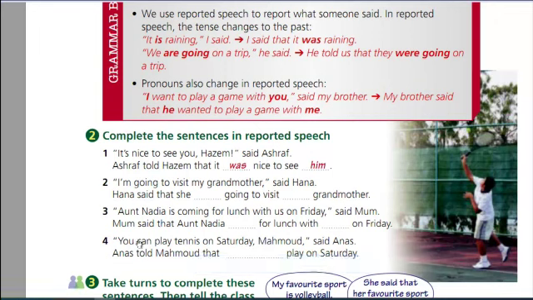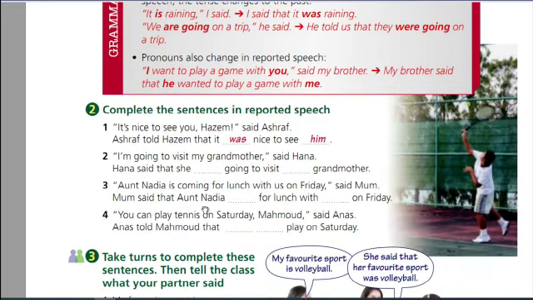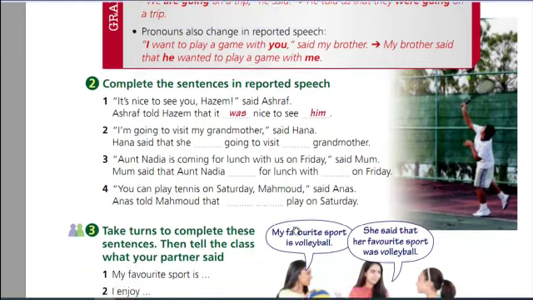Number 4, you can play tennis on Saturday, Mahmoud, said Anas. Anas told Mahmoud that he could play on Saturday.